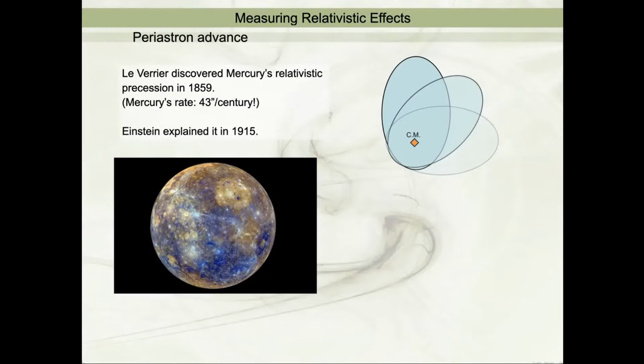So 43 arc seconds is about 0.01 degree. So Le Verrier realized that the orbit of Mercury drifts by 0.01 degree per century. It's really tiny, but accumulated over hundreds of years, it becomes apparent, and basically Mercury lags behind where it should be in the sky, just a little bit.